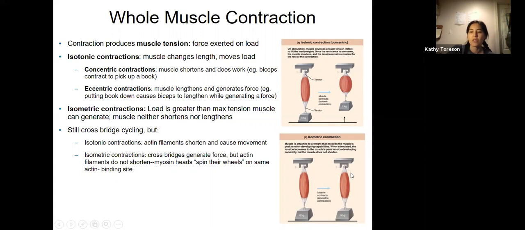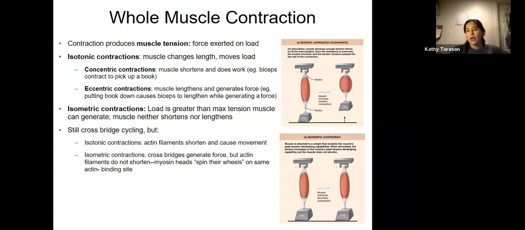Okay, so this example here is if you're lifting, say, a heavy textbook, right? You're going to be generating a contraction, generating that tension, and at some point you're generating enough tension to lift your book.